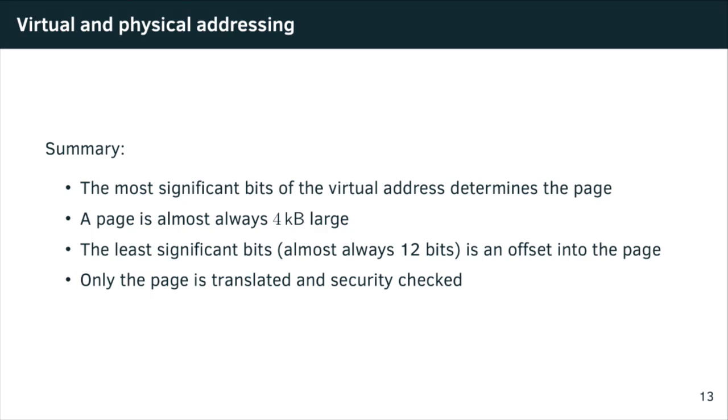Only the page is translated and thus security checked. So these are the facts that are going to turn into a violation of an assumption later on. It should also be mentioned that these page tables are the entire security check there is for memory on the x86, meaning that beyond this point, the CPU will think that everything is good and dandy. There will be no more security checks.